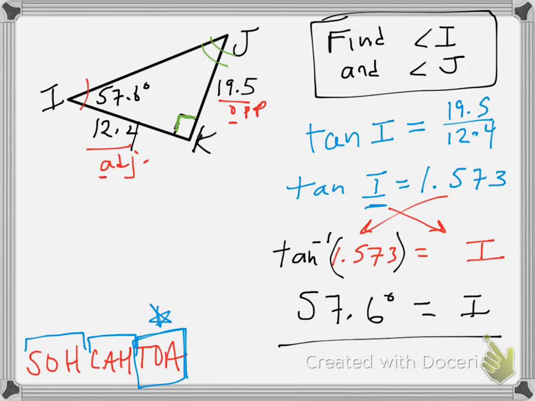Which means 90 minus 57.6 will give you the complement of that angle. And 90 minus 57.6 is 32.4 degrees. So there's angle J, 32.4 degrees. And there you have it, angle I and angle J.